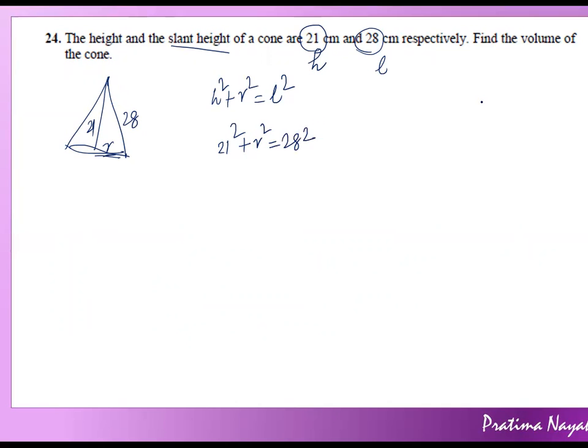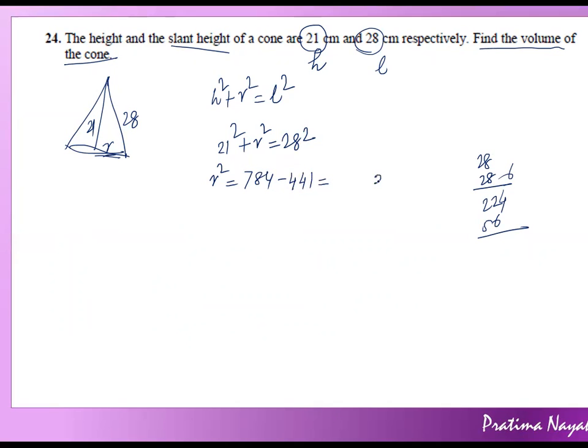What am I getting? I am getting the radius. Why? Because I need the volume of the cone, and unless I get the radius, I cannot find the volume. So R square is equal to 28 square minus 21 square. 28 into 28 will be 784, and 21 square is 441.